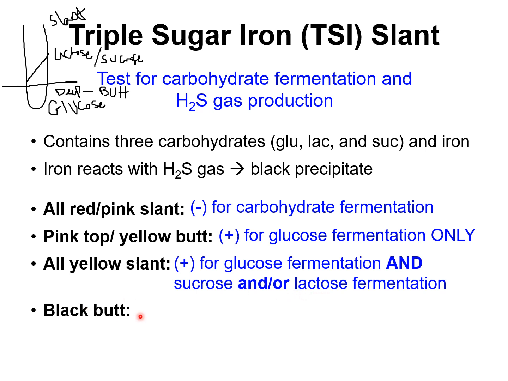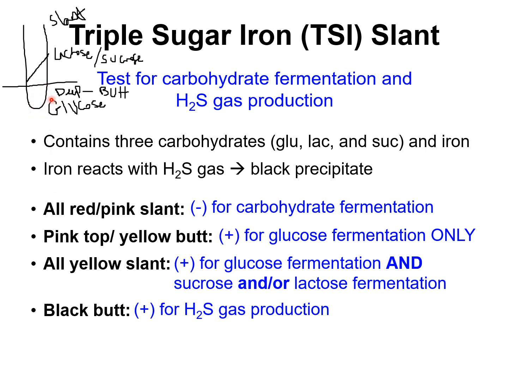Now, remember how I said if there is hydrogen sulfide gas production, then it's going to react with the iron that we have in here. And if it does, then we're going to get a black color. And the black color is usually down at the bottom.